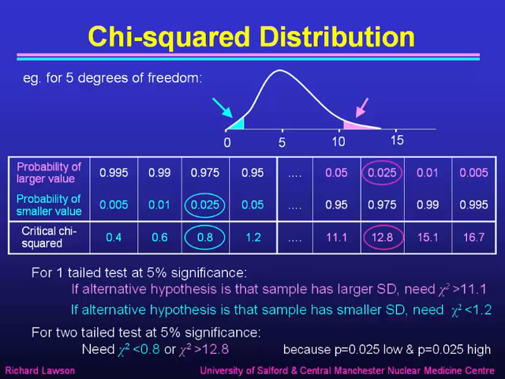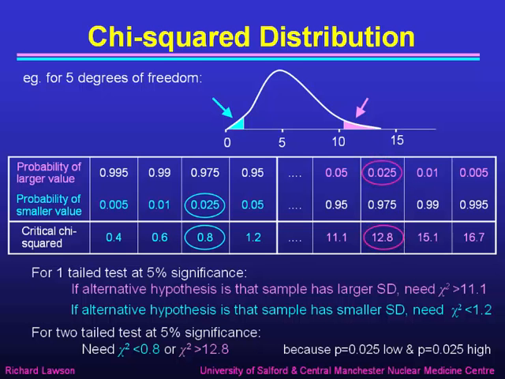On the other hand, if we're doing a two-tailed test, if we want a 5% significance level for a two-tailed test, we need 2.5% in each tail to get a total of 5%. So in the right-hand tail, if we look at a value of 0.025, we see that chi-squared is 12.8, so we'd need a value more than 12.8 to get in that tail.